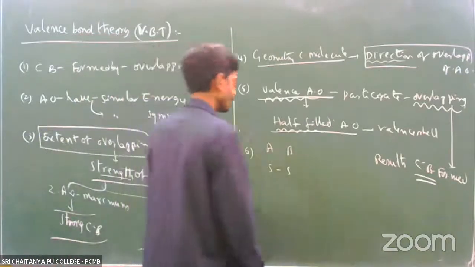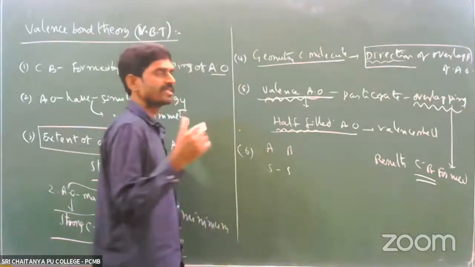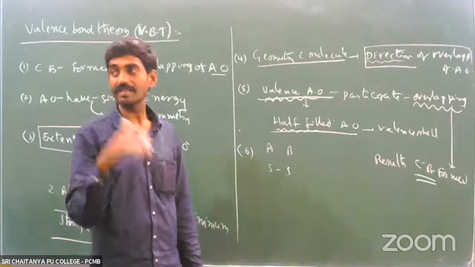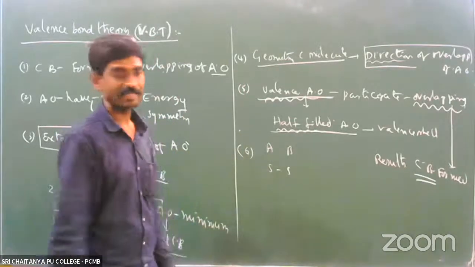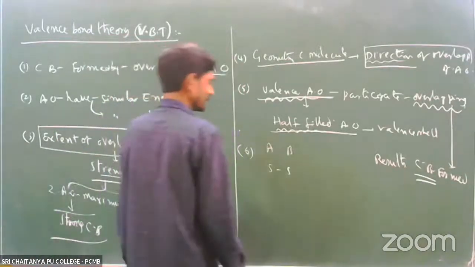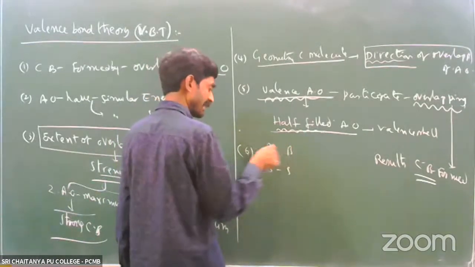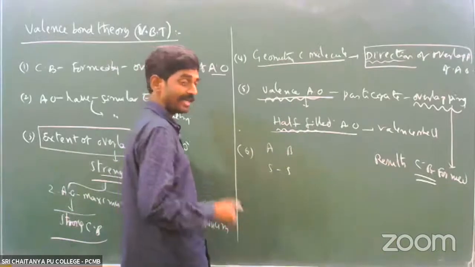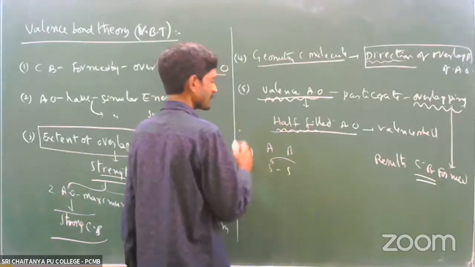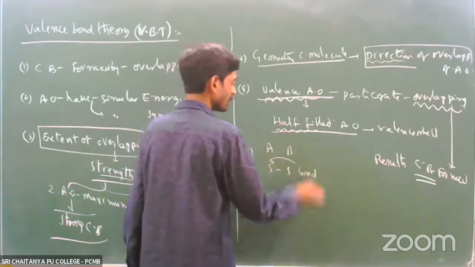Sigma s-s bond, right? Because these are overlapped along the internuclear axis. Axial overlapping. So the s atomic orbital of one atom and the s atomic orbital of another atom are overlapped axially, and they form a sigma s-s bond.